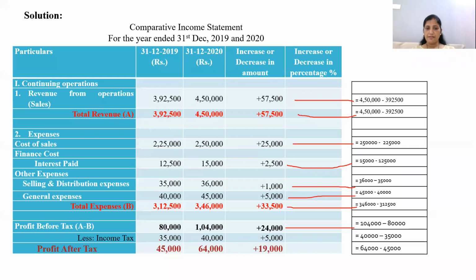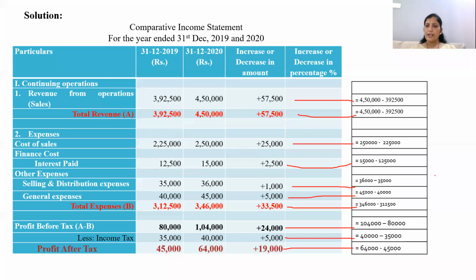Income tax is 35,000 and 40,000. So here 40,000 minus 35,000, you will get plus 5,000. Last, profit after tax is 45,000 and 64,000. That is 64,000 minus 45,000. You will get plus 19,000.